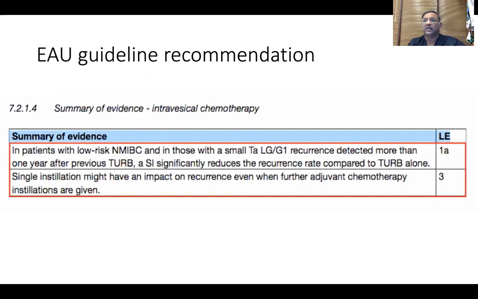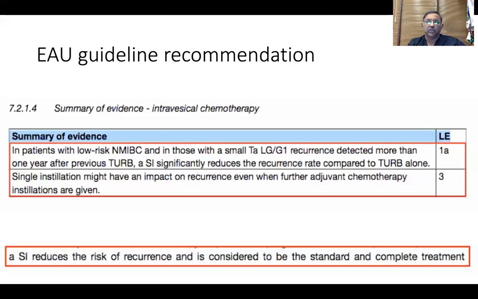And it significantly reduces the recurrence rate. Progression, as we have seen, is not a significant risk factor for low-risk patients. So a single instillation reduces the risk of recurrence and is considered as a standard complete treatment for most patients with low-risk disease.